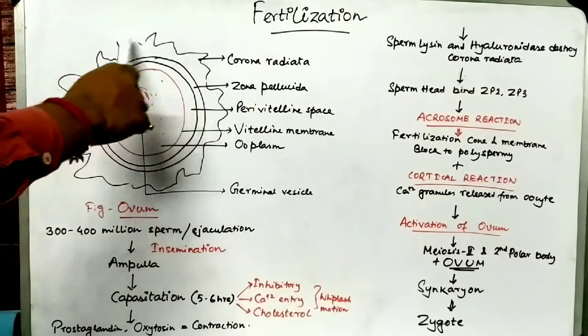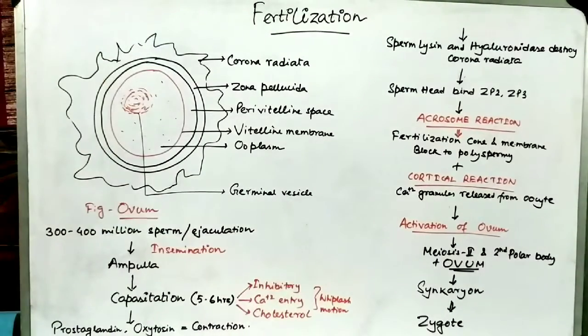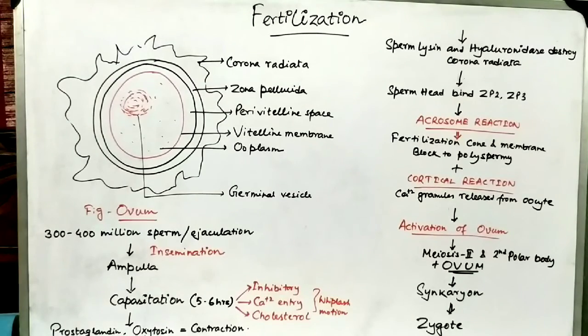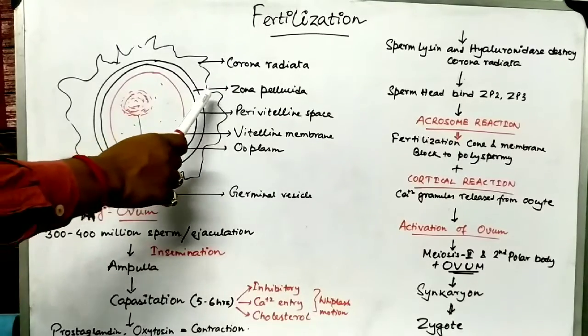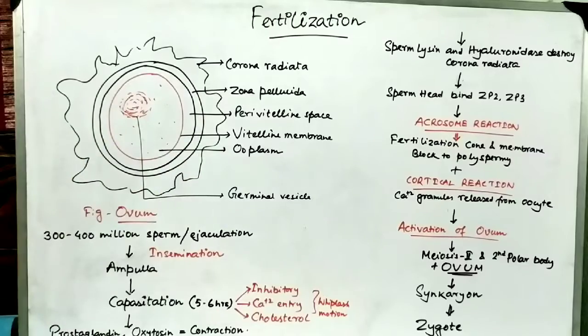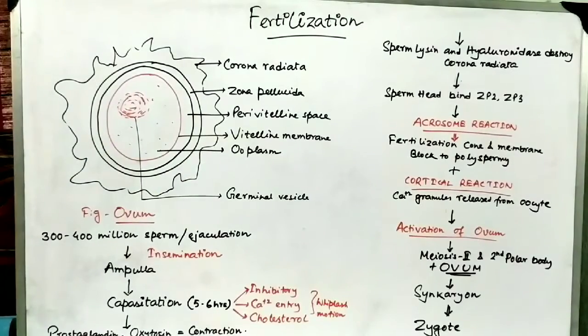This coronal layer will be destroyed by the enzymes sperm lysin and hyaluronidase. After the corona radiata is penetrated, the next layer is the zona pellucida. The sperm head will bind at the ZP2 and ZP3 proteins at the surface of the zona pellucida.